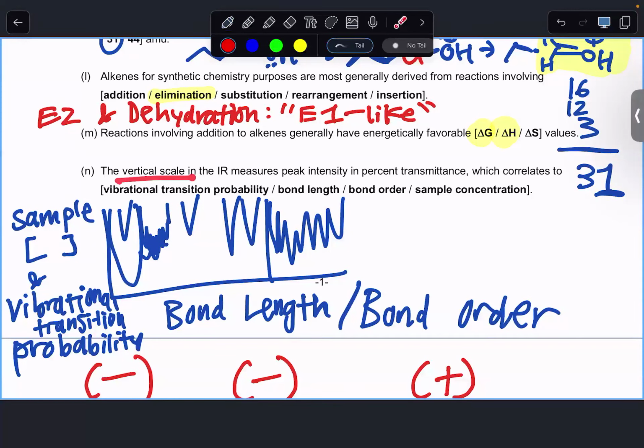So based on this question, the vertical scale, or the y-axis, will correlate to vibrational transition probability and sample concentration. If they ask about the horizontal scale, it wouldn't be the peak intensity, it would be the absorbance, right? And that depends on bond length and bond order. But this question asks for the y-axis of the IR.